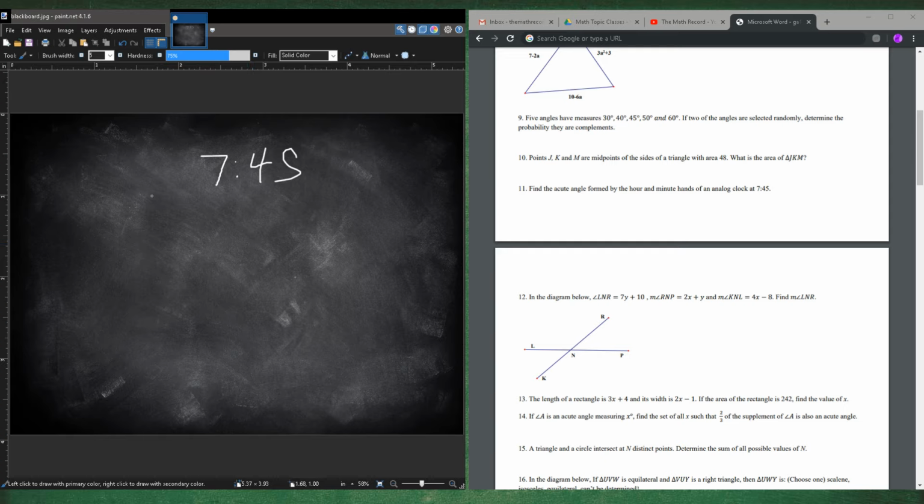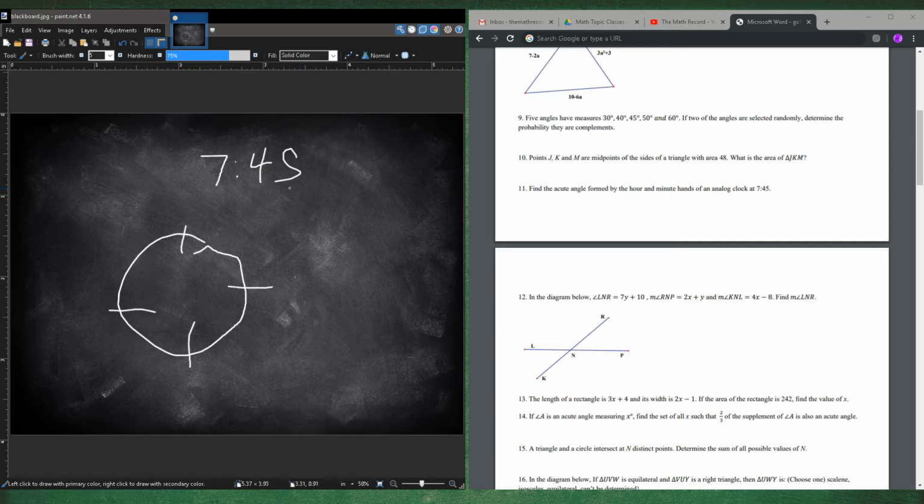What I'll usually do is think of a clock, and I'll think of the ticks, and there are 60 ticks, from 1 to 60. It's at 7:45.